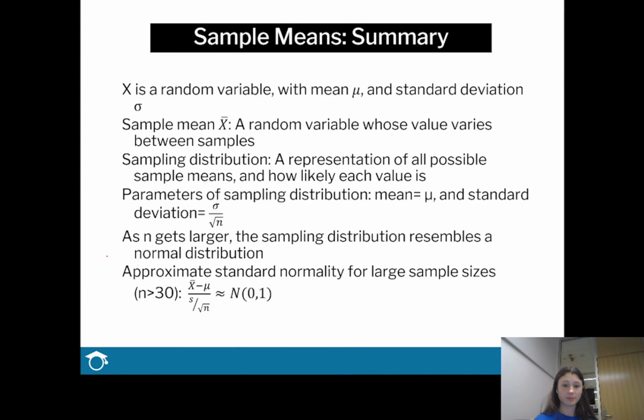The parameters of the sampling distribution are that the mean is mu, so the mean is that of the population, and the standard deviation of the sample is the standard deviation of the population divided by root of the number of trials. As n gets larger, the sampling distribution resembles a normal distribution, regardless of what it initially looks like, and the approximate standard normality for larger sample sizes is 0, 1.